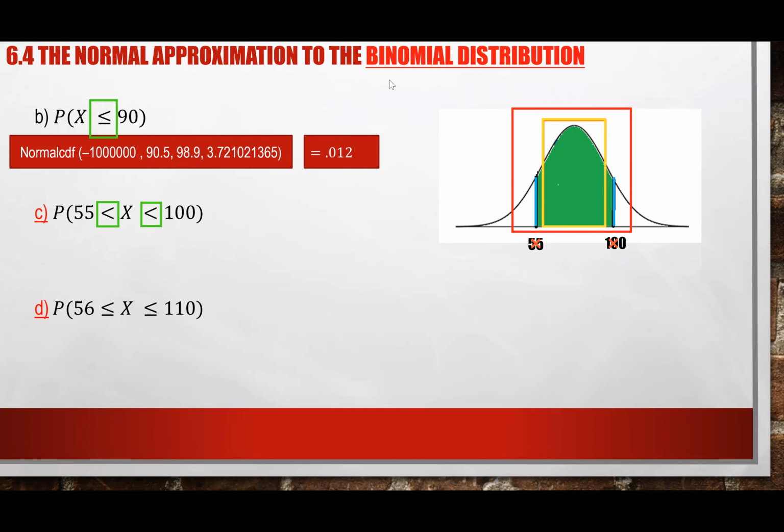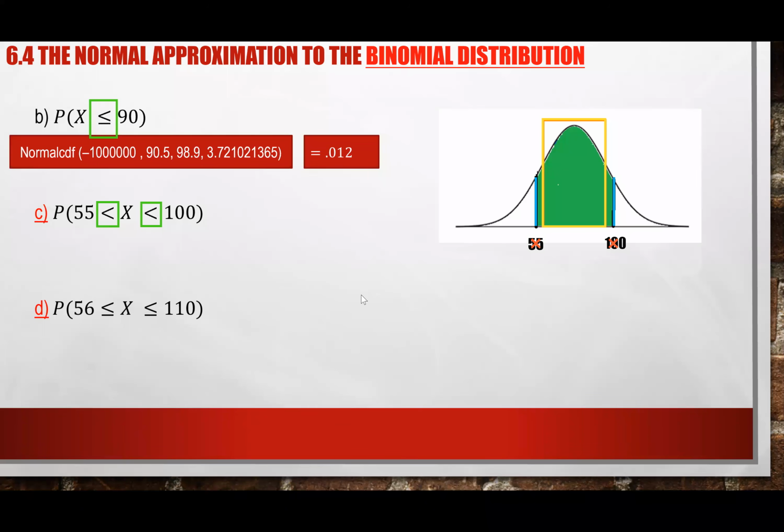Meaning in this case, we have to use this yellow box. At 55, you ask yourself, how do I adjust to make this area smaller? At 55, I have to go to the right, meaning I add 0.5. At 100, I go to the left, so I need to subtract 0.5.